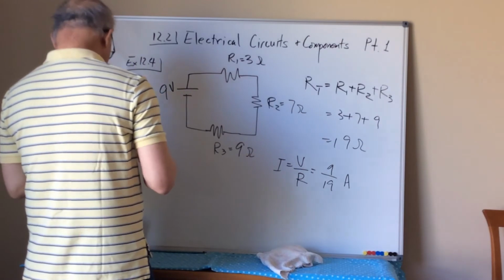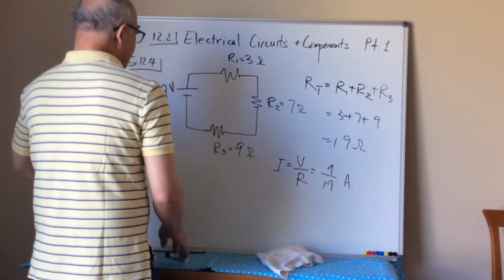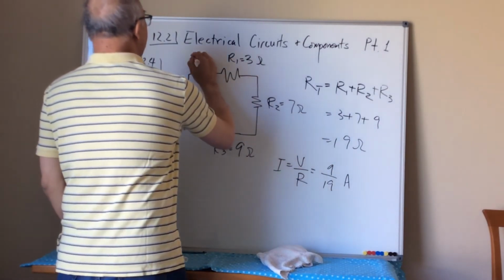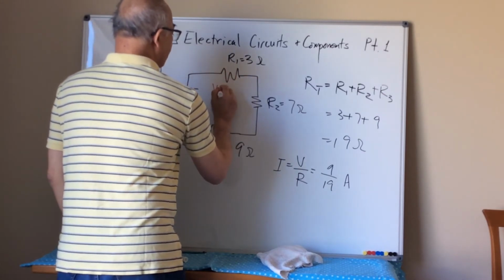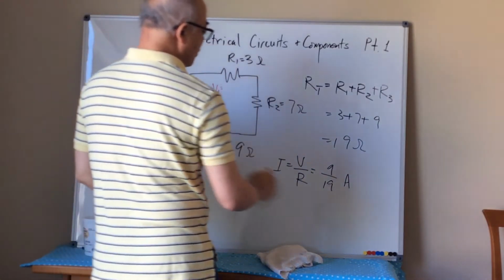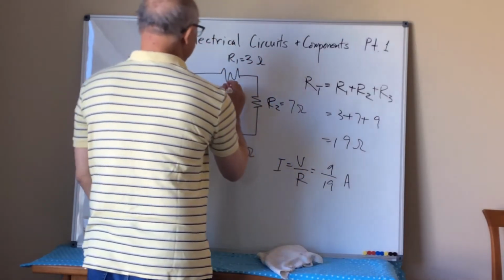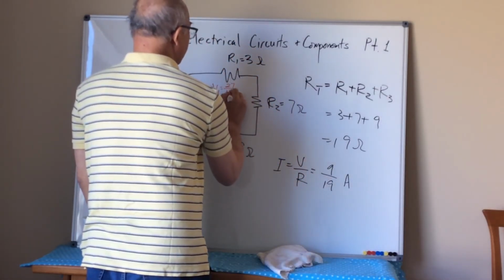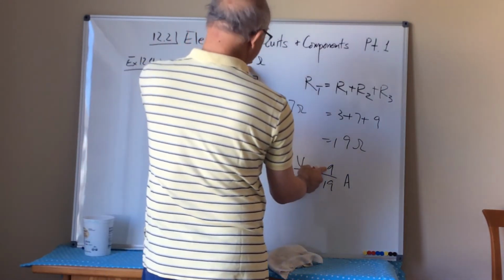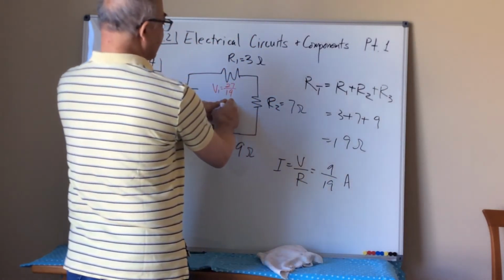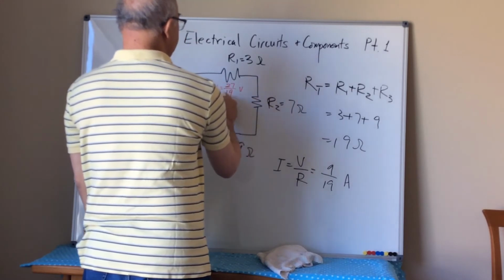So the voltage drop across each of these, if you do this, so the voltage drop across R1, if I call that V1, is nothing more than the current going through that times the resistance. So this is going to be 27 over 19. 3 times 9 is 27 over 19. So this is the voltage drop across here.